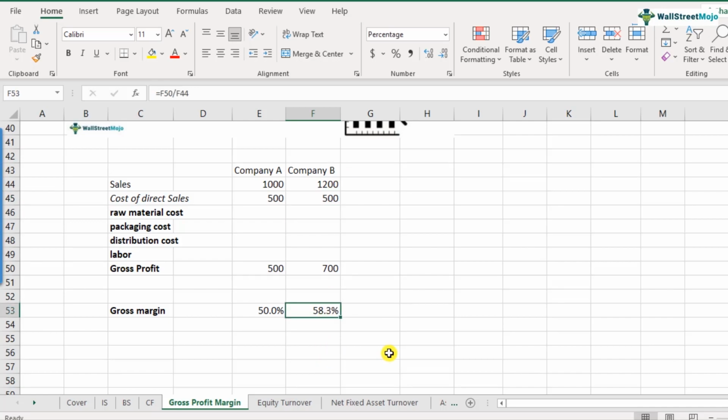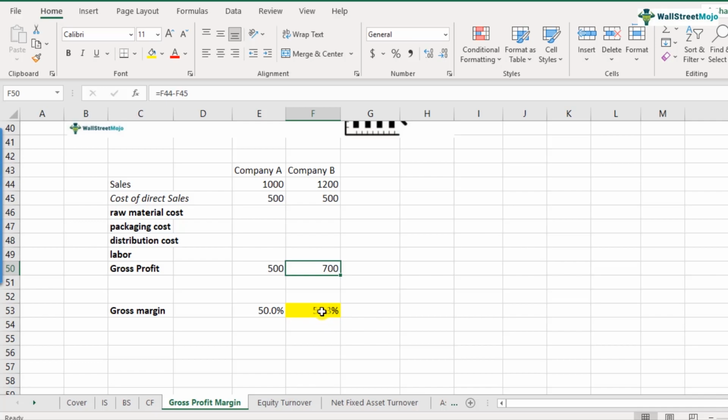So which one is better? Of course, the one that is generating higher gross profit margin will be better. Strictly between these 2 companies, company B is generating higher gross profit, and therefore it results in a higher gross profit margin on a per dollar basis. The gross profit margin of company B is 58.3%.